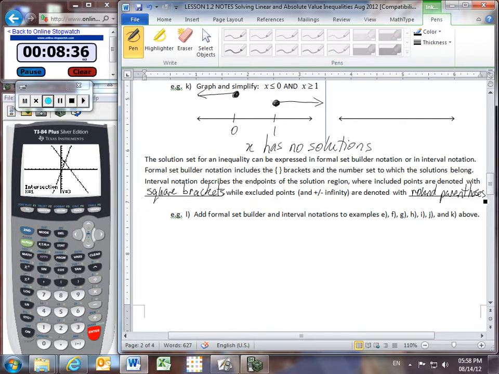So just to make sure we're clear, the square brackets look like this, right? Square. The round parentheses look like this.